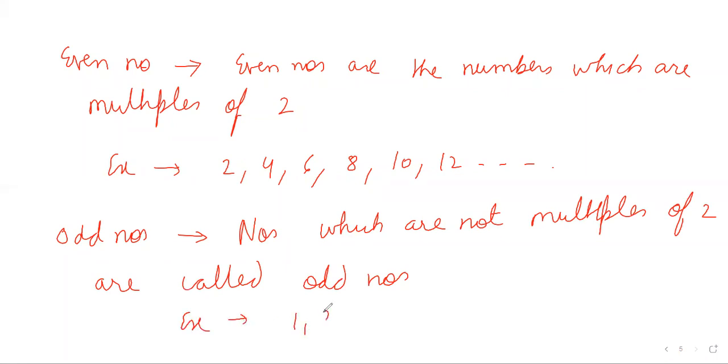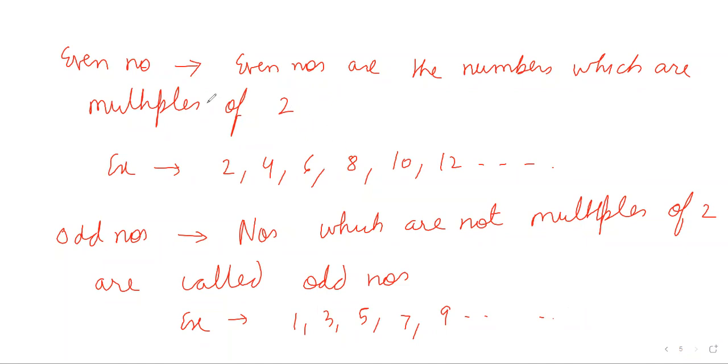Ma'am, excuse me, why is 0 an even number? Because the odd number definition is numbers which are not multiples of 2, and 0 is not. If I divide 0 by 2, I get 0. If I divide 0 by 3, we also get 0.